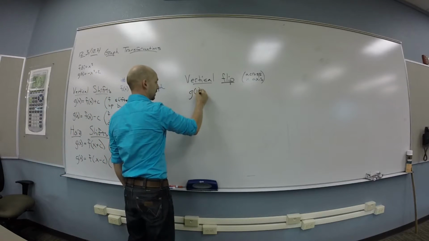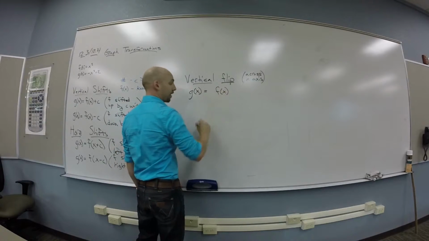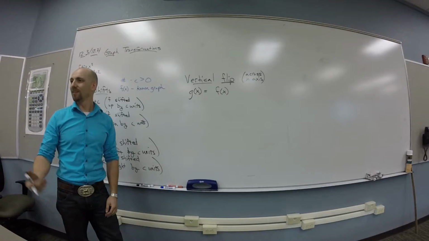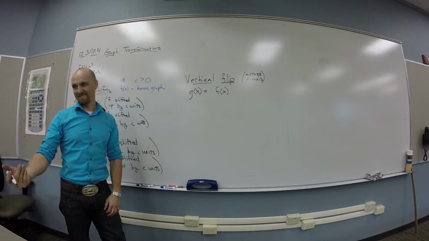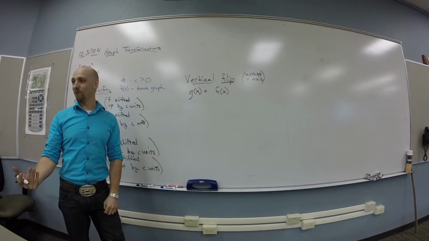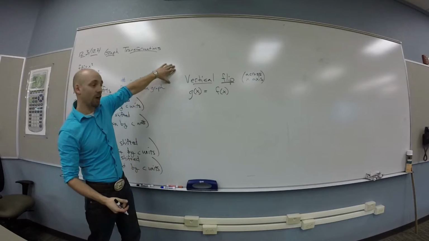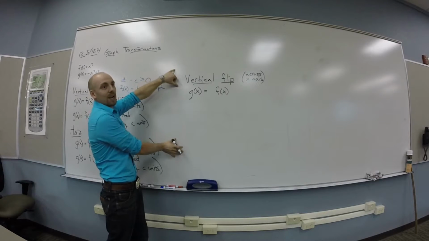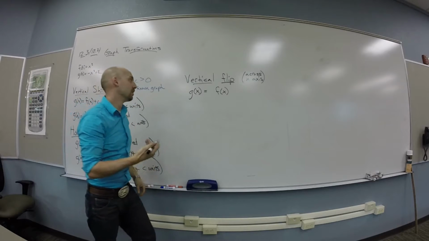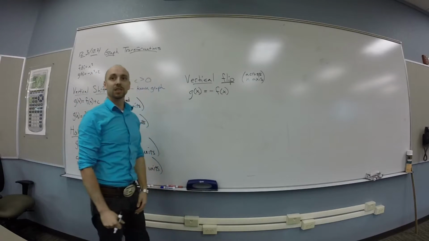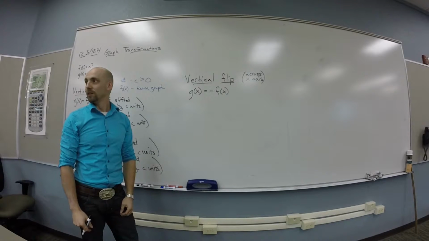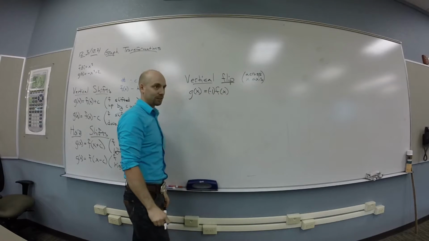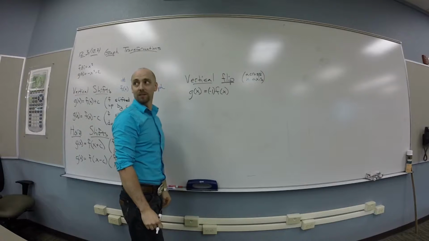So this should be g of x is something done to f of x. How do I flip y's over? Multiply by negative 1, right? I want to exchange the positive y's that are up here for the negative y's that are down here, right? So I just swap the negatives for the positives. That'll flip everything over. So that's g of x is minus f of x. I could think about this as maybe negative 1 times f of x, right? You guys see that?